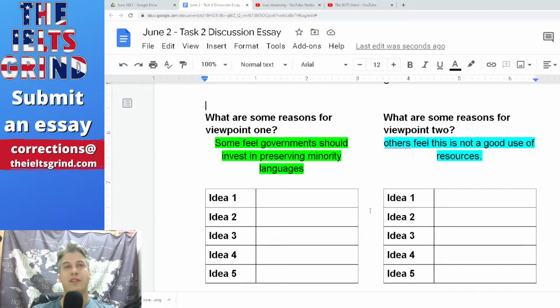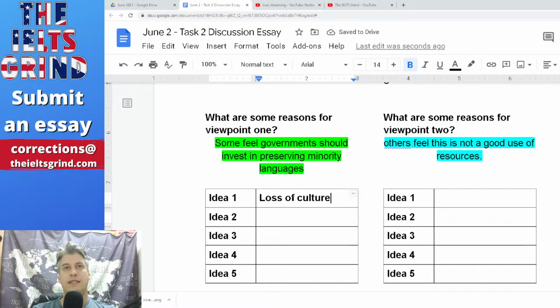So let me put a few ideas down. Some feel governments should invest in preserving minority languages. I'm going to put down a few ideas and explain them as I go. So I think, loss of culture.